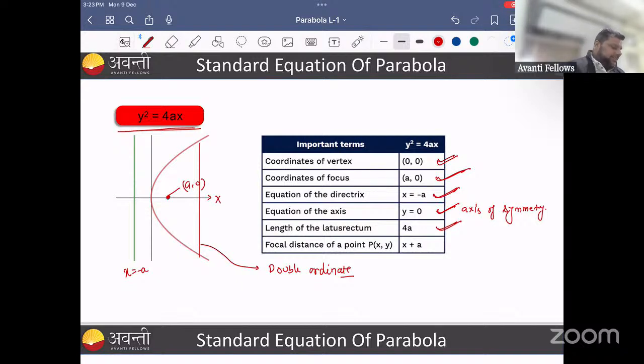So if there is a point, say (h, k), its focal distance is its distance from the focus, and this is equal to its distance from the directrix. So that is equal to h plus a, or say x plus a. This is what we call focal distance.